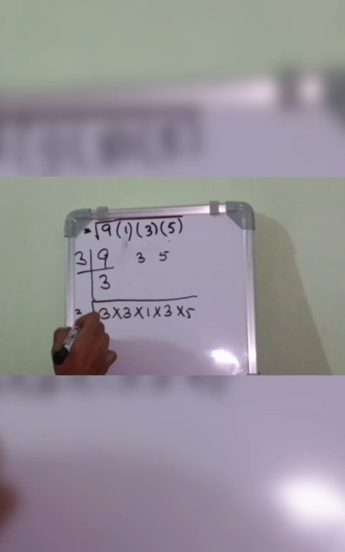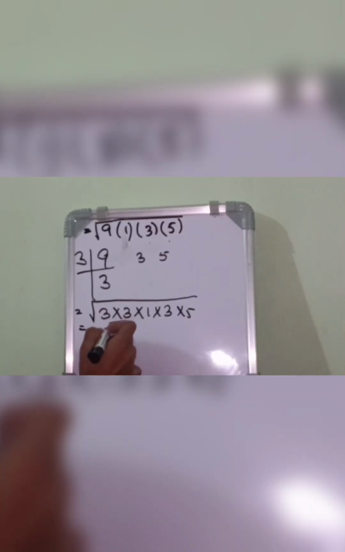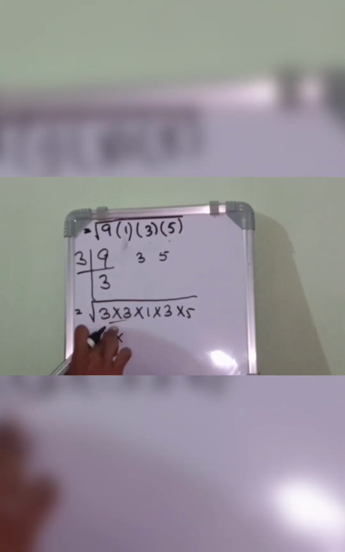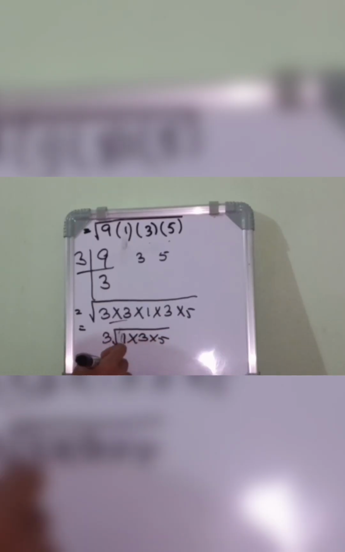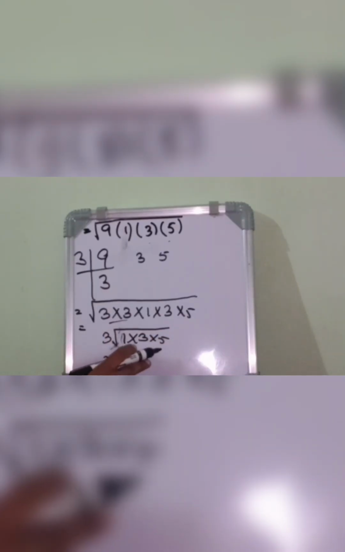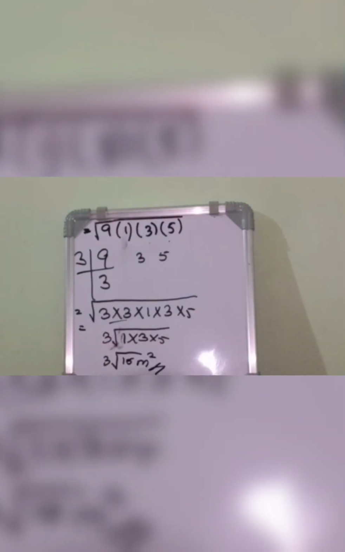Now, 3 into 3 is 9 and root of 9 is 3. So 3 comes out and the remaining is 1 into 3 into 5. 3 fives are 15, 15 into 1 is 15. So the area is equal to 3 root 15 meter square.